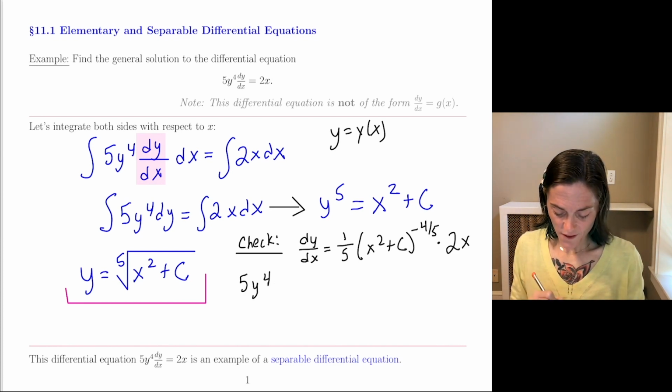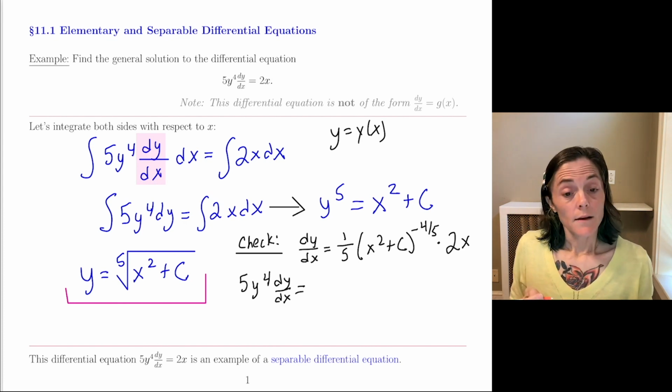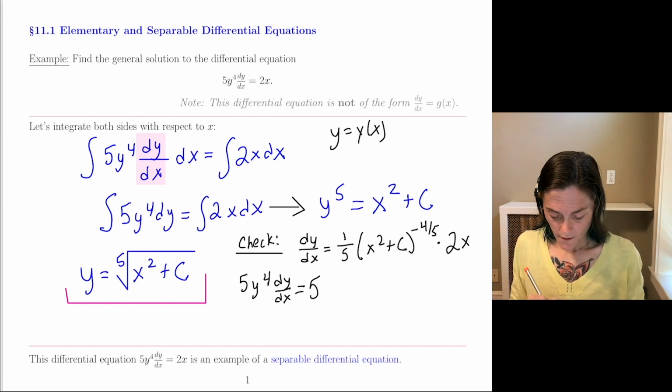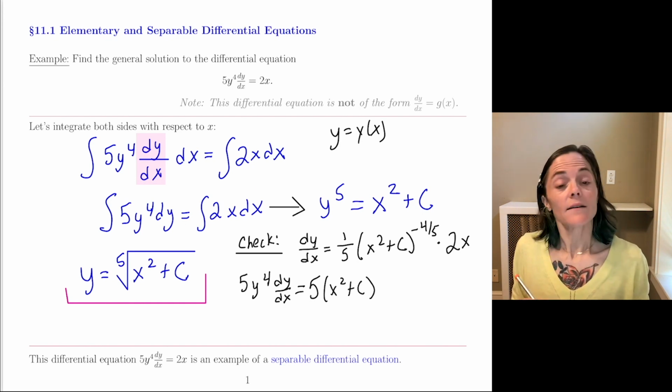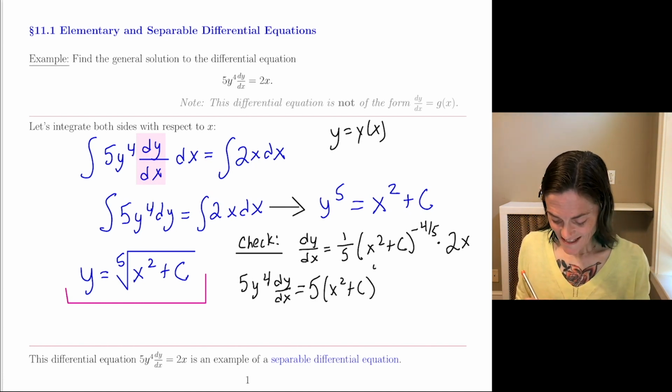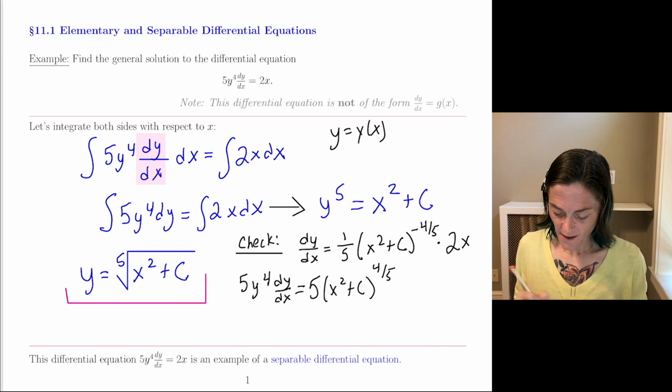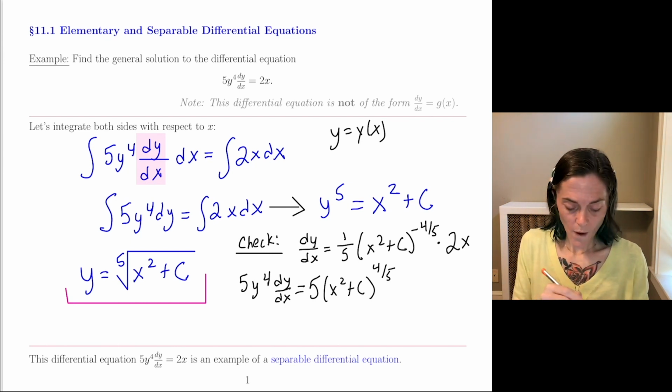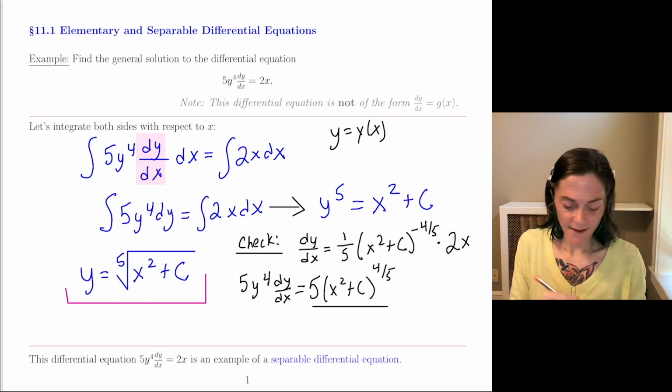5y to the fourth dy/dx would be 5. This is x squared plus c to the 1/5 power, so y to the fourth is x squared plus c to the 4/5. And then, why don't I just put this in the denominator?